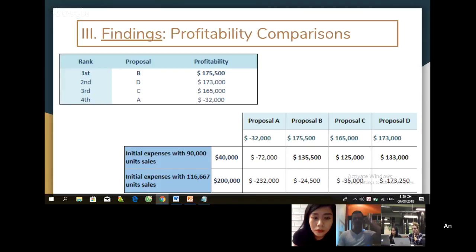As you can see, they all boost the profit of Marathon by more than $100,000. However, in comparison with the initial plan with 116,667 units produced, none of these suggestions will help Marathon to achieve the profit objective of about $200,000.